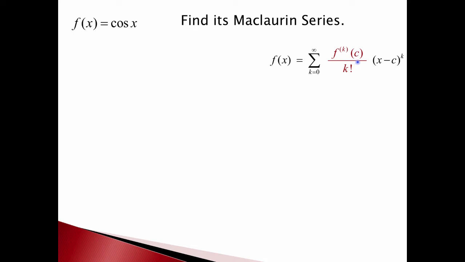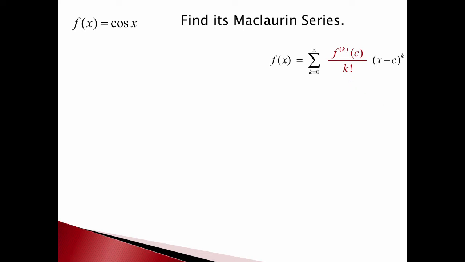And again, if I'm finding a Maclaurin series, then c is equal to 0. So I need to find all these derivatives, the first derivative, second derivative, third derivative, kth derivative, and plug in 0. And that's all I have to do to figure out what these coefficients are, and I can write out its Maclaurin series. Okay, how do we do that?